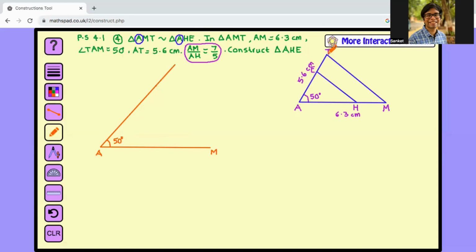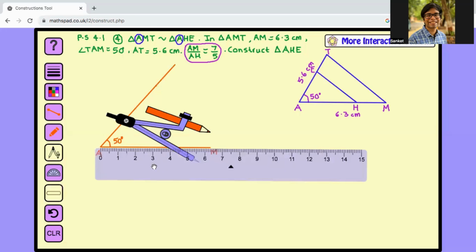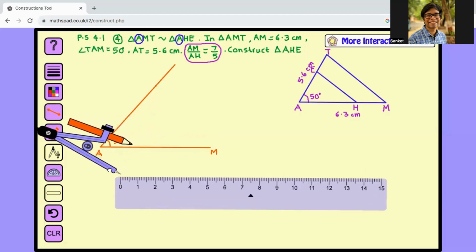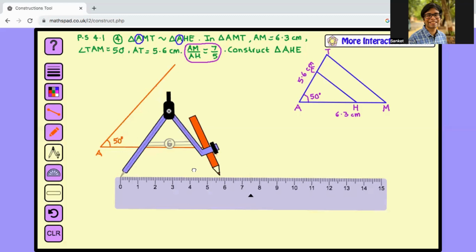To locate point T, I need to mark a distance of 5.6 because I know that AT is 5.6. So I need my compass and my scale. I'm going to measure 5.6 on the compass. This is 5.6 here.